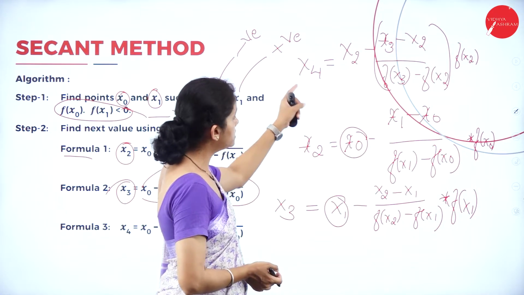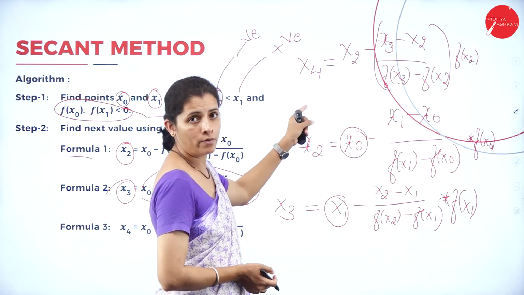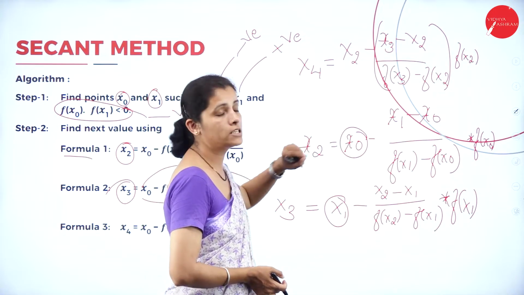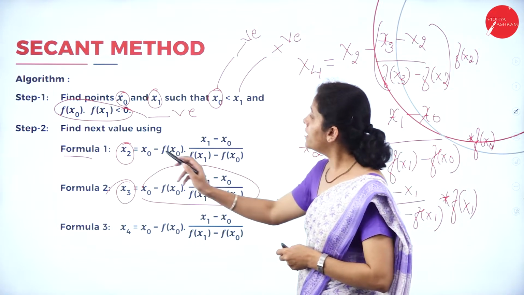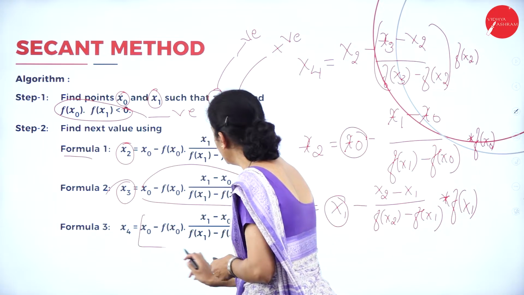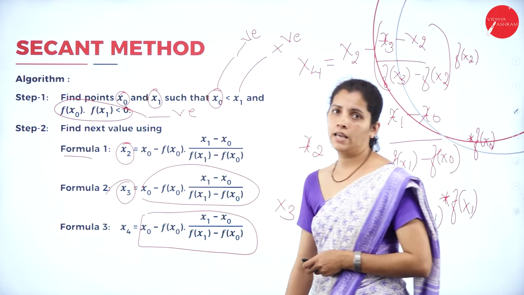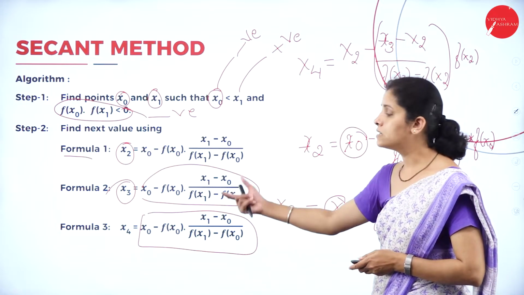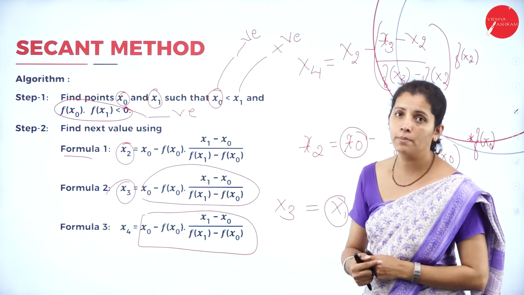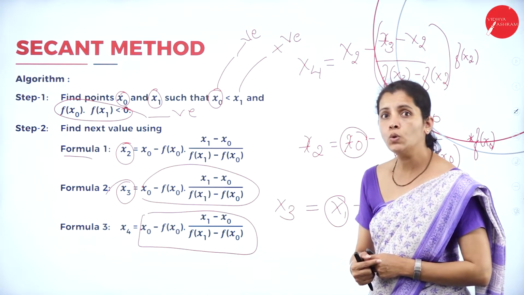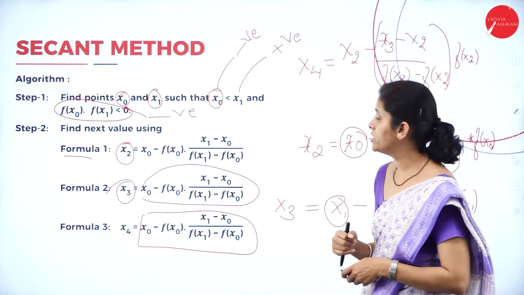Okay, for the next iteration it is x5, and for the next iteration x6, and it's going to continue. Or by using a single formula, I can find the result. That means by using a single formula, I can find the root of an equation.